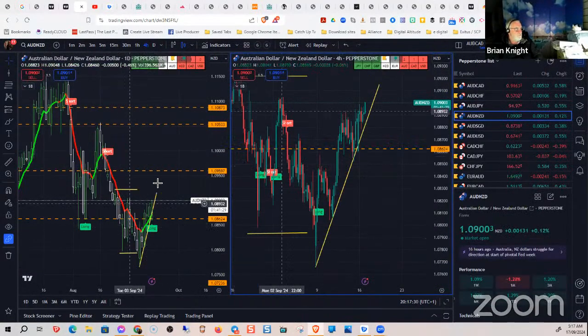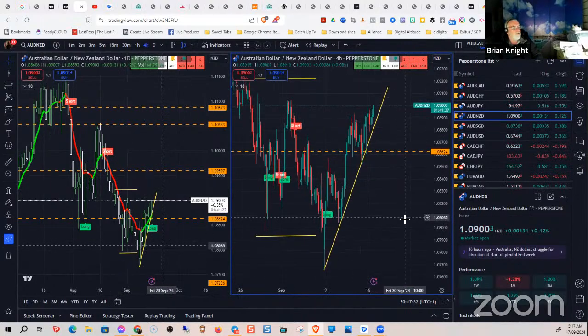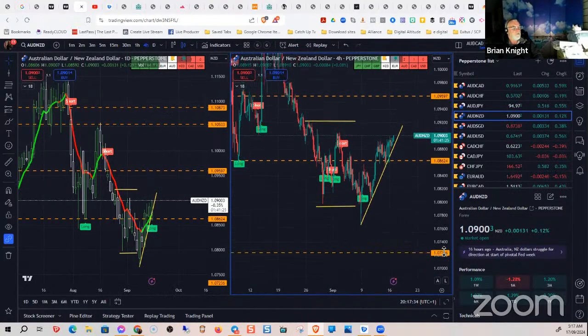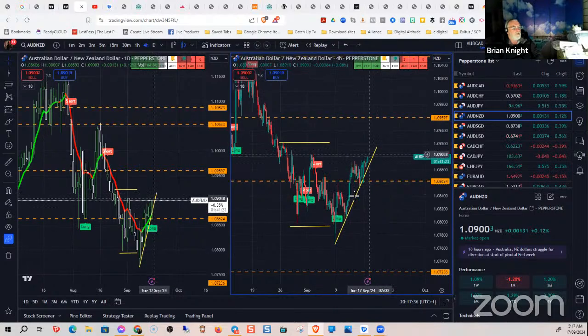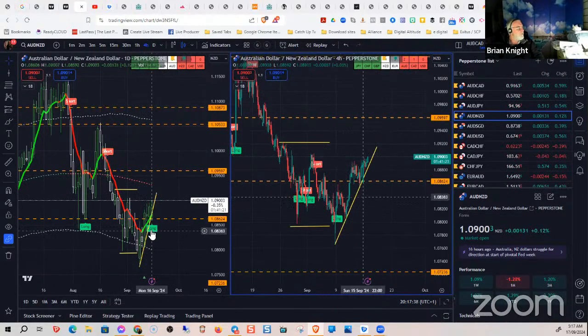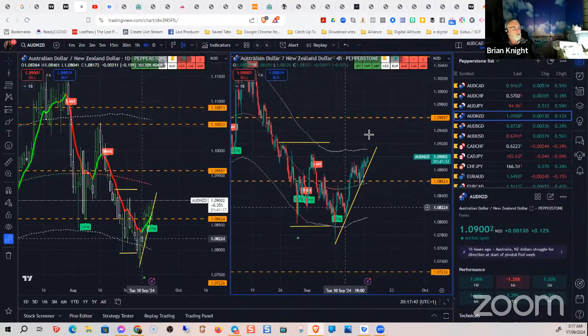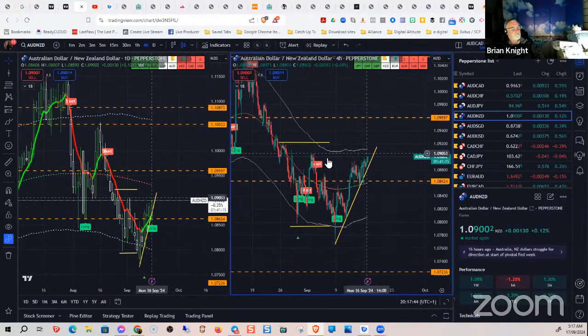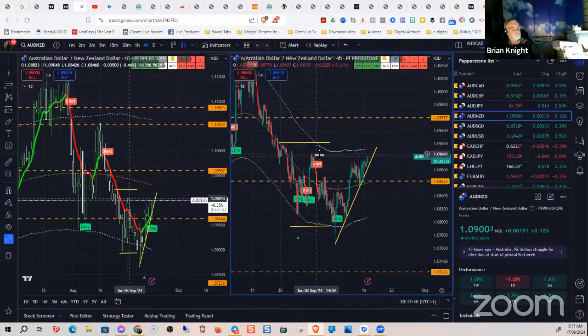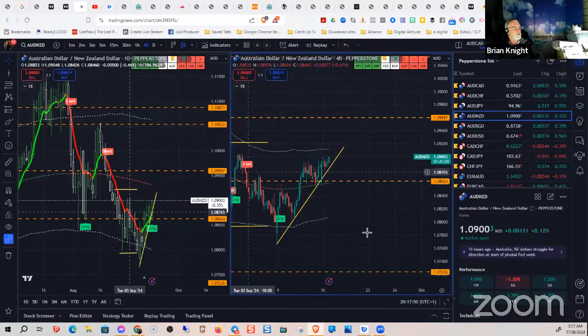NZD. Right, that's on the long. It hasn't broken the trend line. We've still got the long over on this side. Oh, it's broken the short anyway.